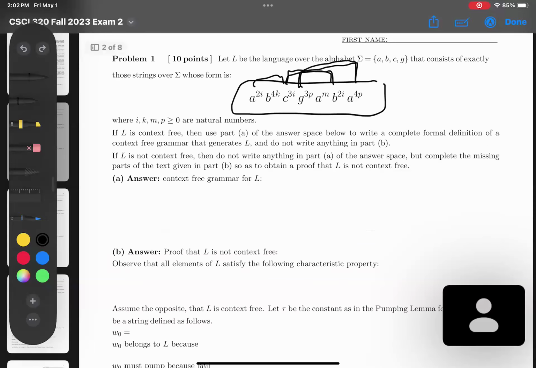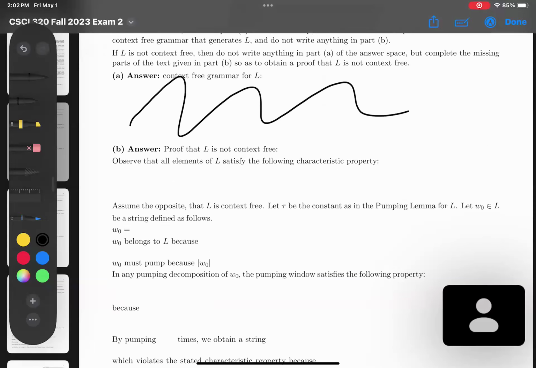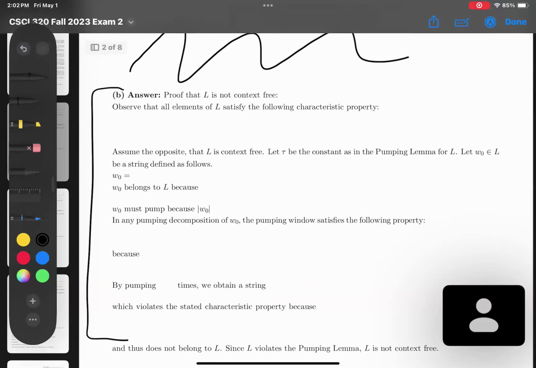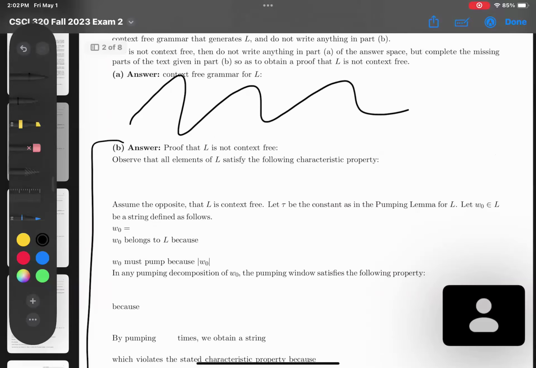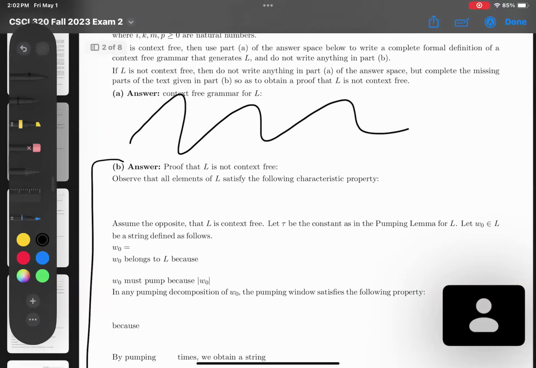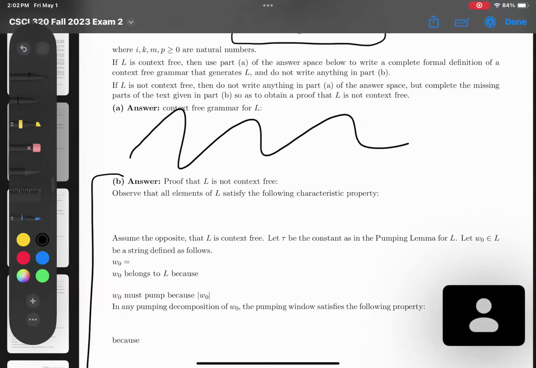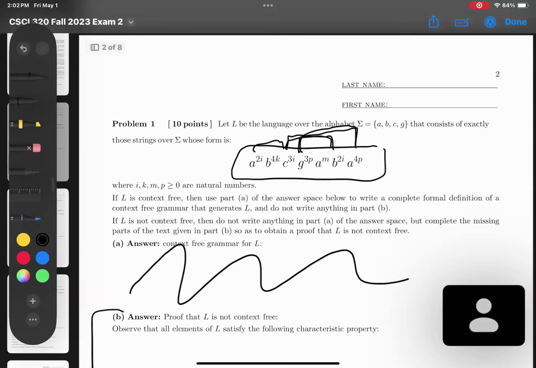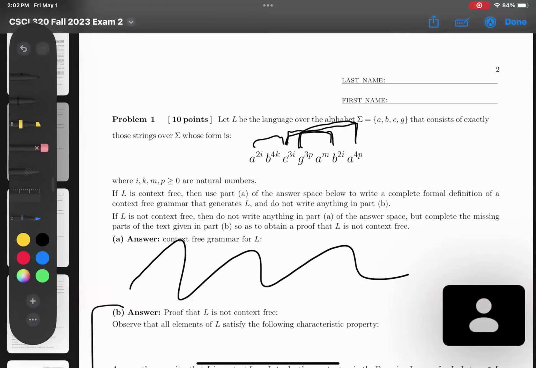Yeah, and in that case, you're not doing this anymore. You have to prove that you can't draw a context free grammar or a finite state automaton for it. Could you explain how it overlaps? I'm still not sure. Sure, okay, I could show you again.